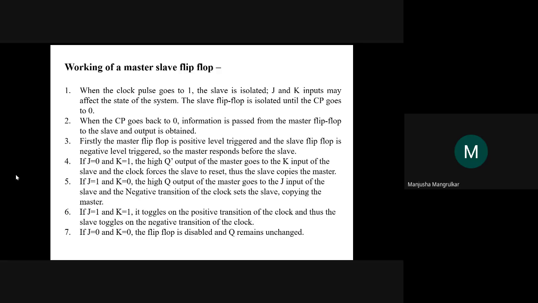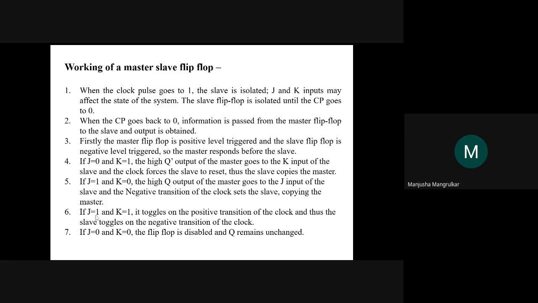If J is equal to 1 and K is equal to 0, the high Q output of the master goes to the J input of the slave, and the negative transition of the clock sets the slave and copies the master. This condition is solved: 01 and 10.